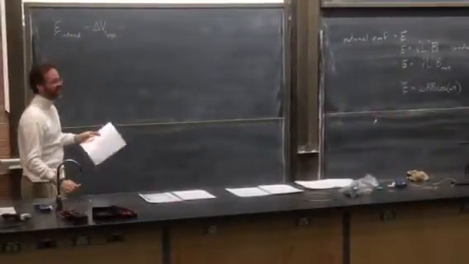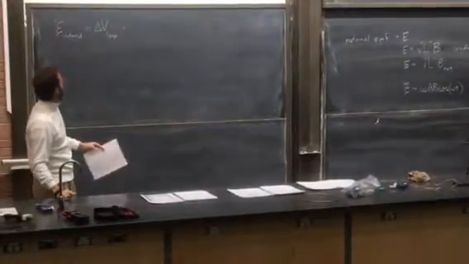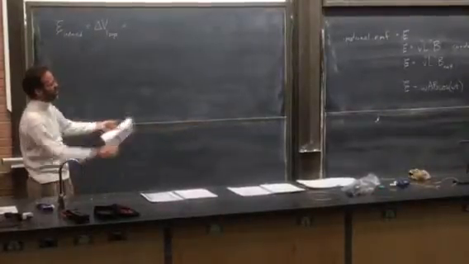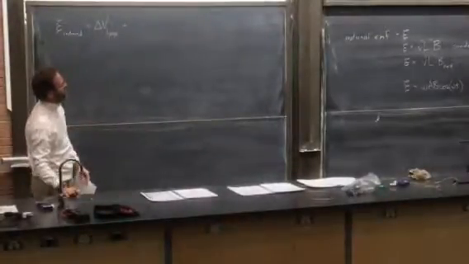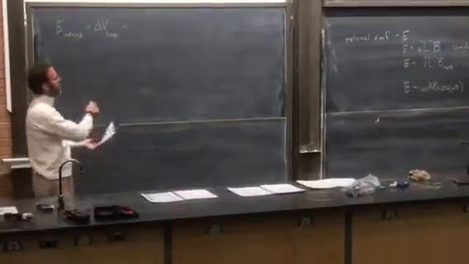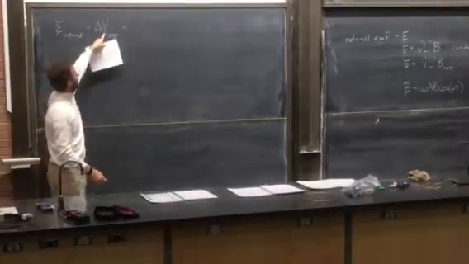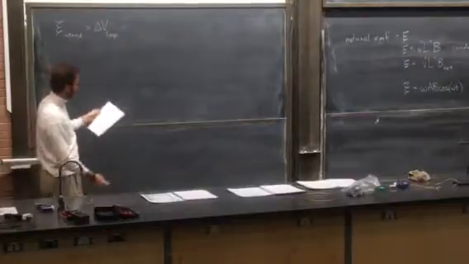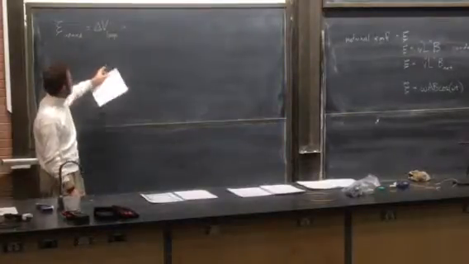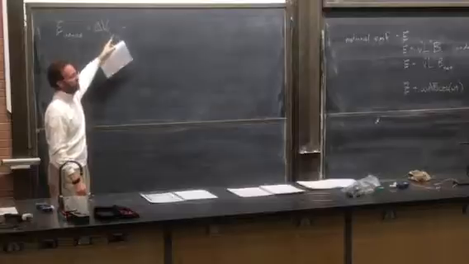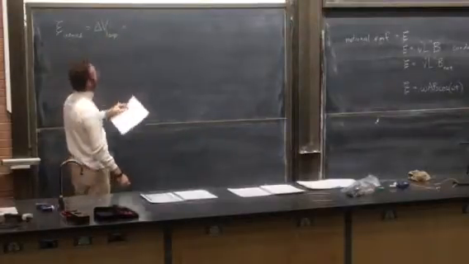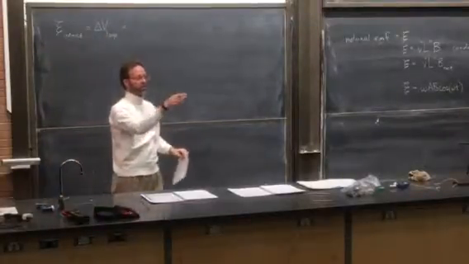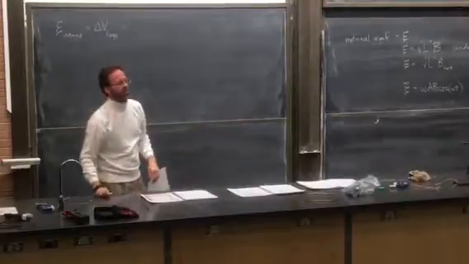The induced EMF, that induced motional EMF, is called motional EMF because it's induced this way through a change in flux. But that's the same thing as a difference in electric potential, which makes the currents move. Do you remember how we found that back in the electricity units, when we got the circuits?